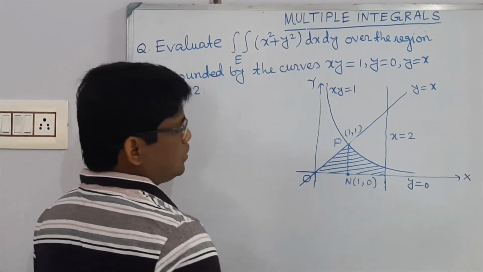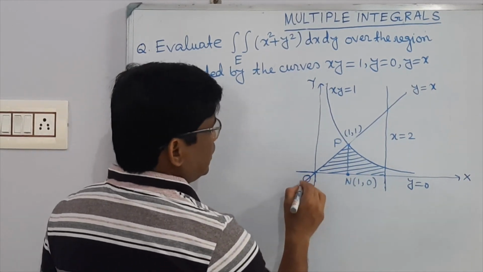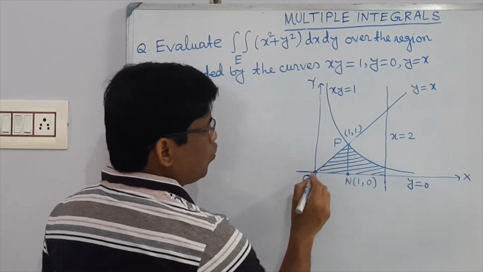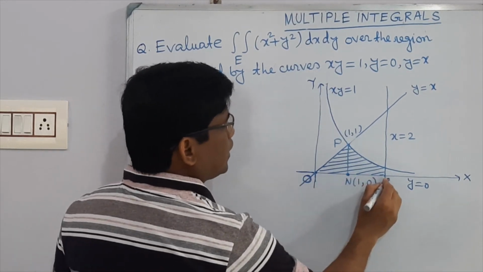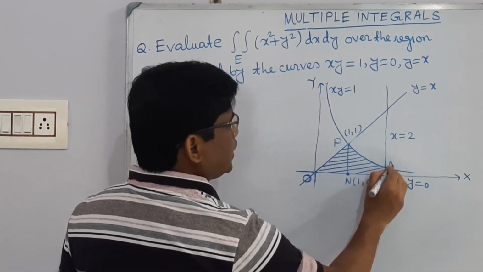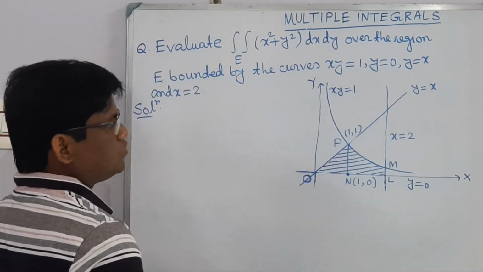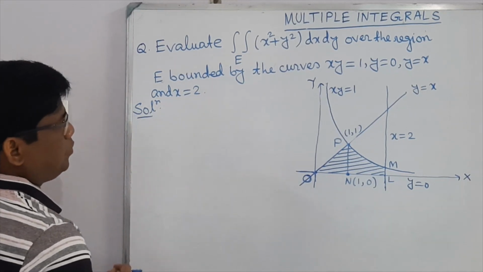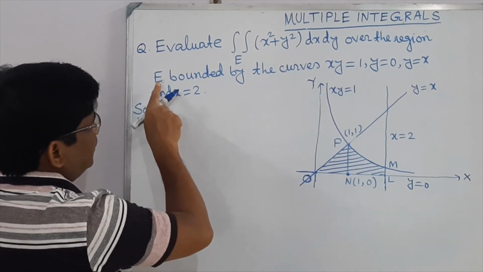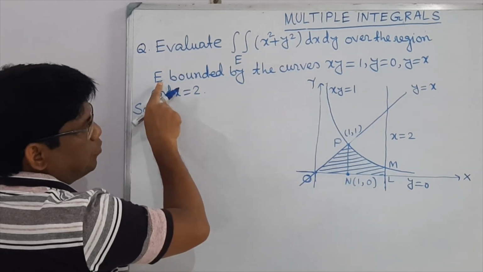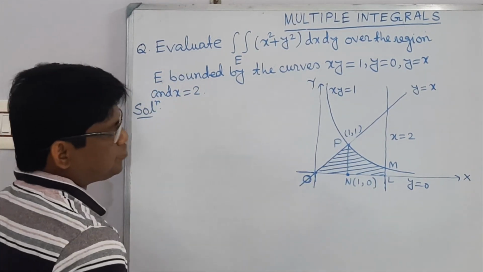That means the region O N L M P O represents the region E.